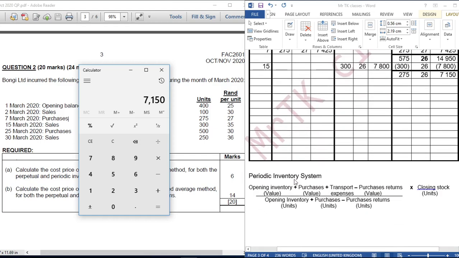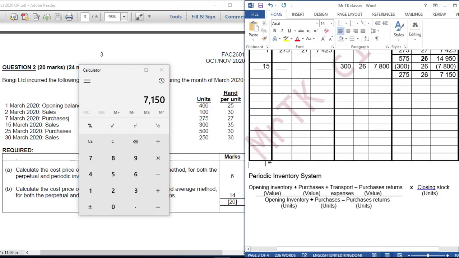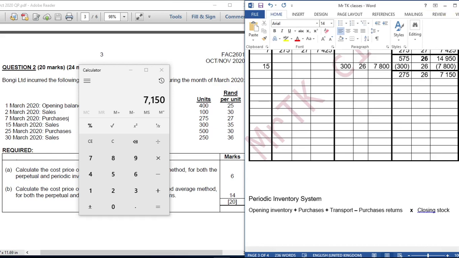So what we need to write here is that average cost price is only calculated when a purchase is made.